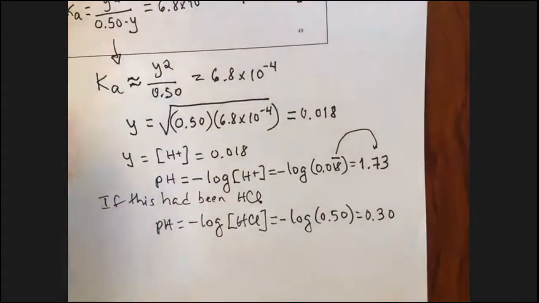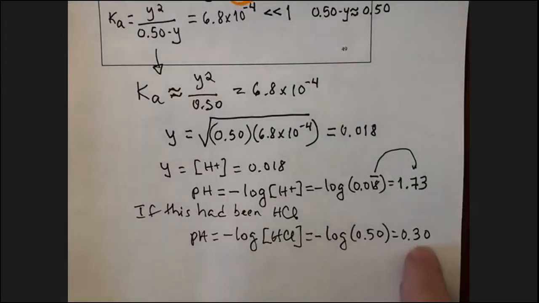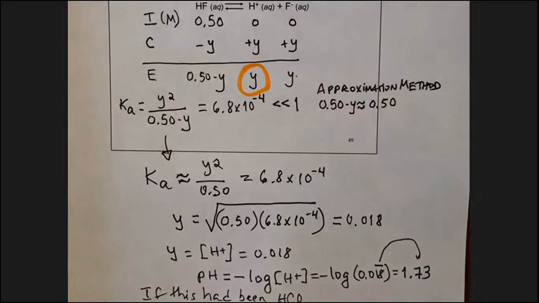So you can see that if this had been a strong acid, the pH would have been much, much lower than it is, because this is a weak acid and doesn't completely ionize. Okay?